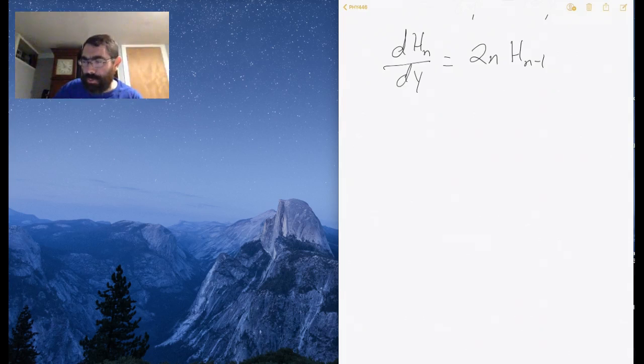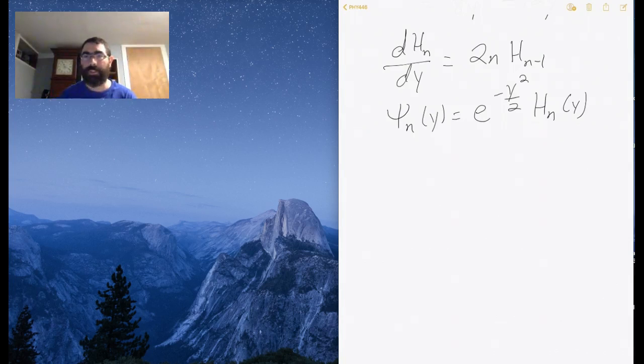So remember now, our wave function, I'll call it psi n, as a function of y, is e to the minus y squared over 2 times the Hermite polynomial with an index n. So therefore, we wanted to integrate the probability density over all space.